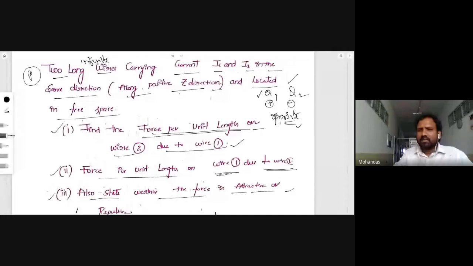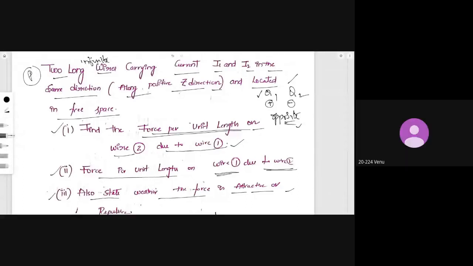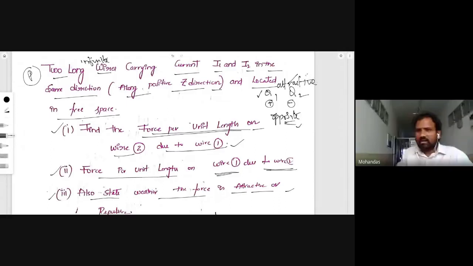According to Coulomb's law, is it a force of attraction or force of repulsion? Unlike charges attract. The Coulomb force is attractive between the two charges.